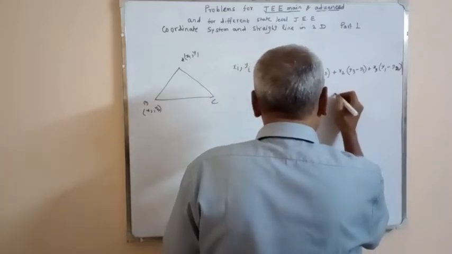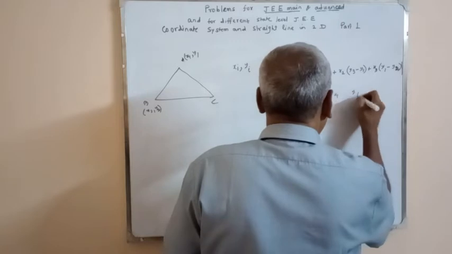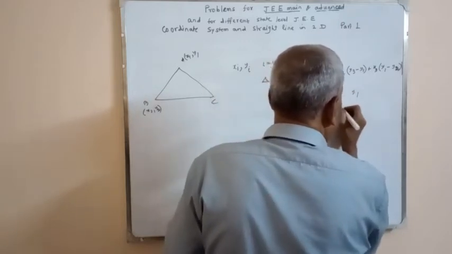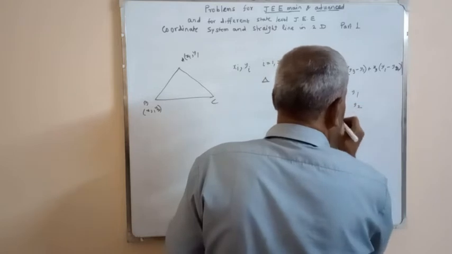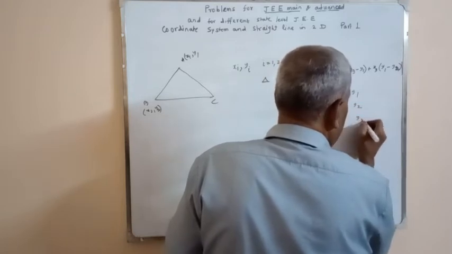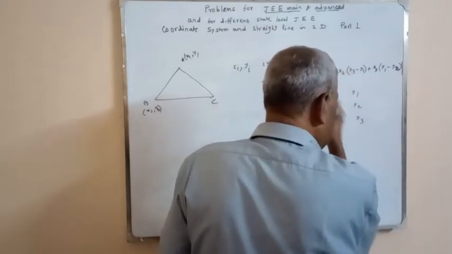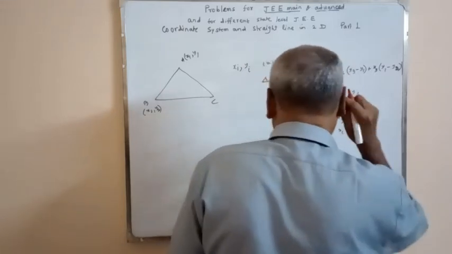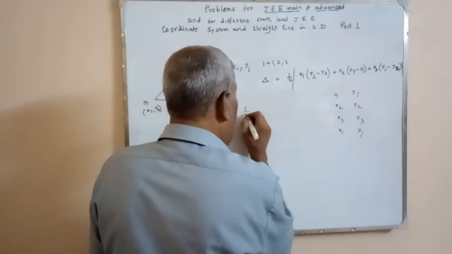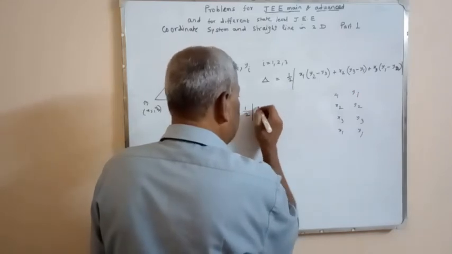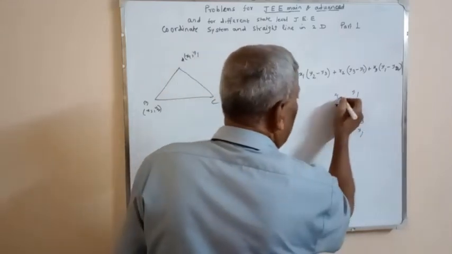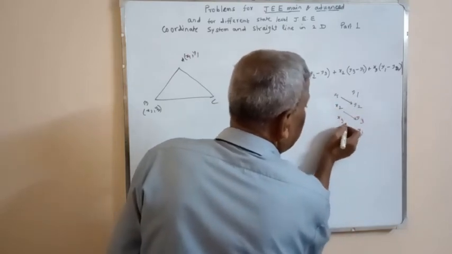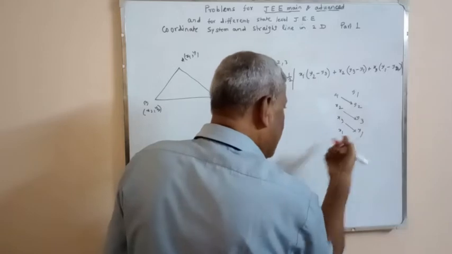Or if you cannot keep it in mind, then you write the coordinates x1, y1, that is the coordinate of A, then x2, y2, x3, y3. Now repeat the first one, x1, y1. Then area of the triangle is half into modulus of: multiply this with that, then this with that, then this with that, and add them.